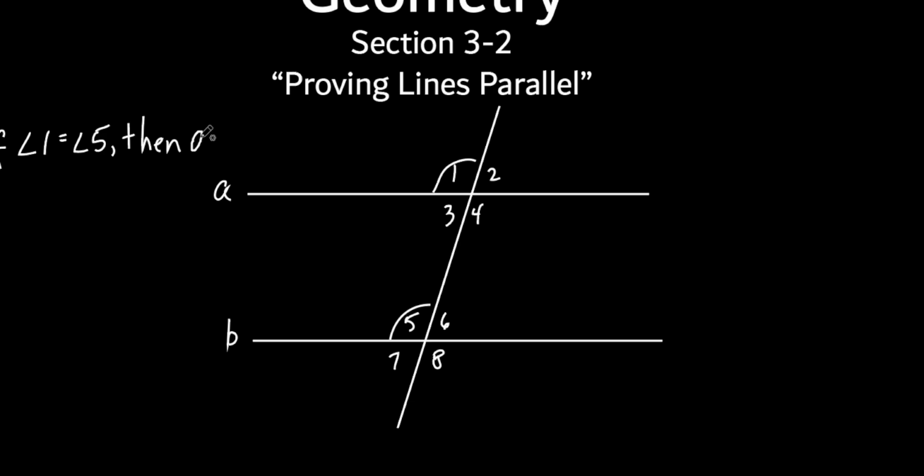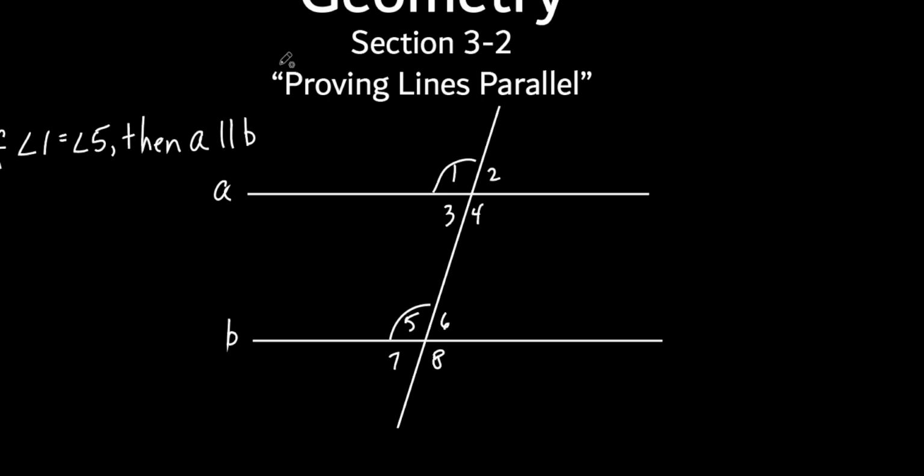That's right. Then line A is parallel to line B. Everybody see that? So if you have two lines, not necessarily parallel lines, but two lines cut by transversal, and if you can show that the corresponding angles are equal to each other, if they told that to you, then you could say that those two lines are parallel to each other. Do you see the difference?